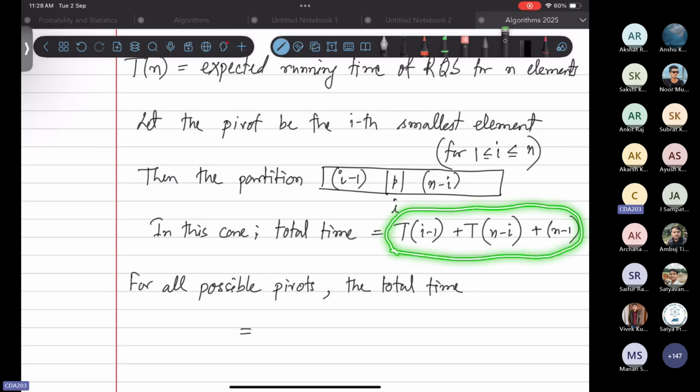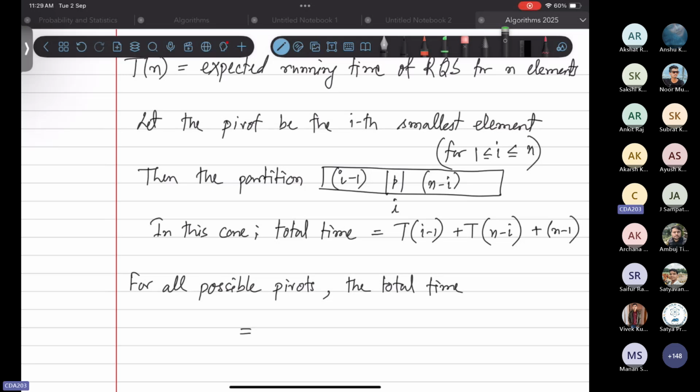Now, when I do it for all possible cases, when I vary this I, I'll have different values of this quantity. I want to find the total time for all possible pivots.